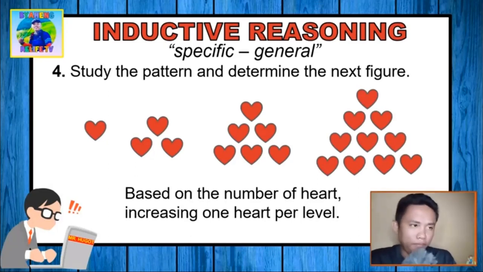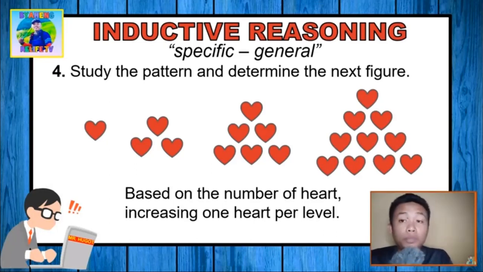O tama nga naman. Isang heart, naging 2 heart, naging 3 heart. On the next level, magiging po siya 4 heart. Okay, kaya po first level, second level, third level, fourth level, naging 4 heart po siya. So that will be specific to general.